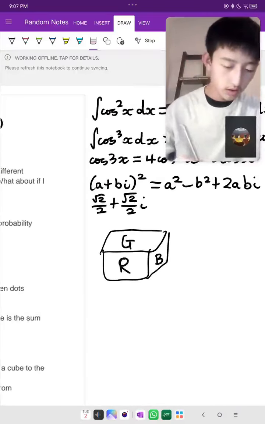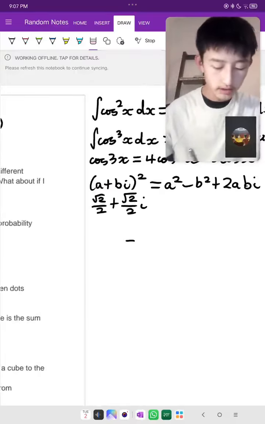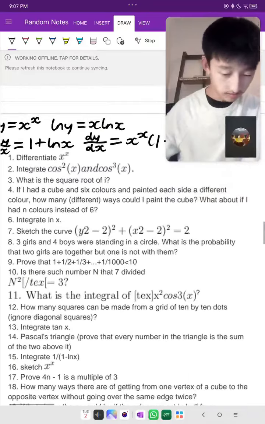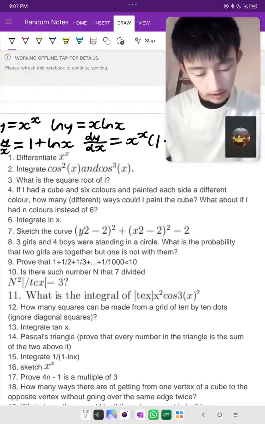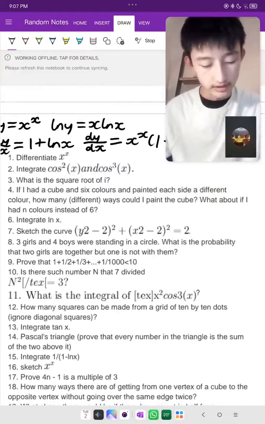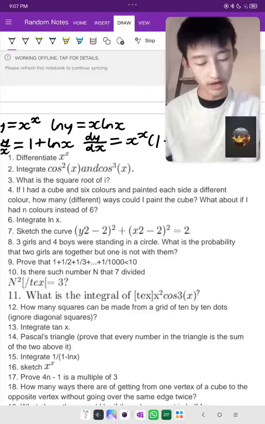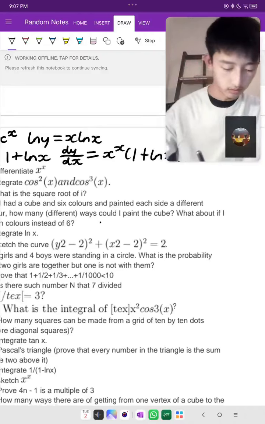I'm not sure what is the side, so I'm just going to say that it's 6 factorial. If I had n colours instead of 6, then it would be nP6. We have n possibilities for the first, then n minus 1, and so on up to n minus 5. So, yeah.